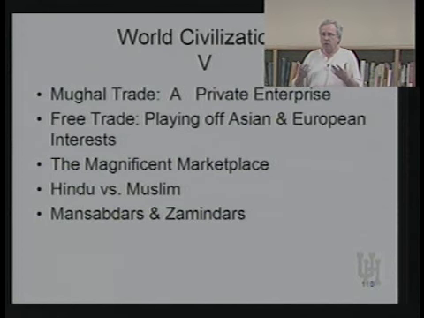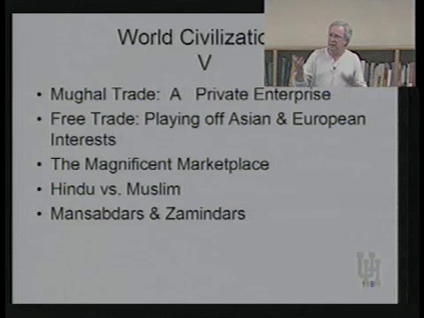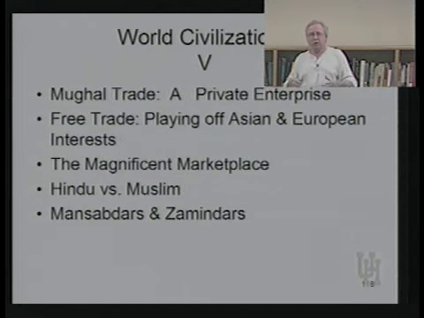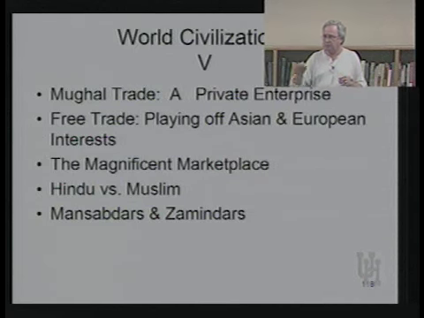And there would be ongoing tensions between the two groups. Now, typically, when you have an alien invader conquering a region, you're going to have tensions between conqueror and conquered. And in this case, where there's a fundamental religious and cultural difference, that division between conquered and conqueror is going to run along religious lines.